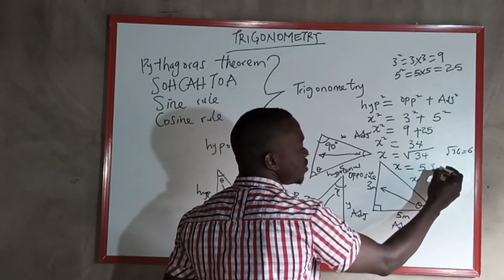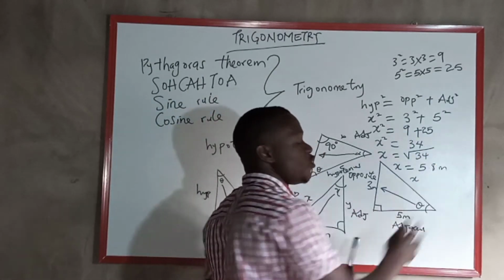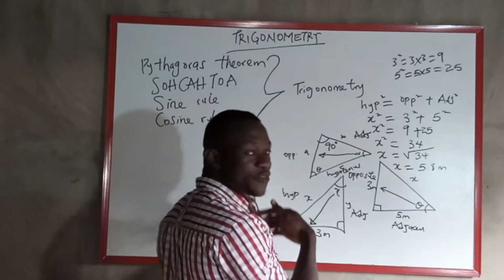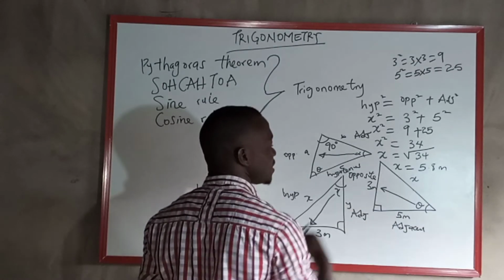You can check your calculator. I may be wrong, but our answer will be within the range of 5.8 because it's closer to 6 and farther from 25, which is 5 squared. So 5.8 or 5.9 should be our answer for x.